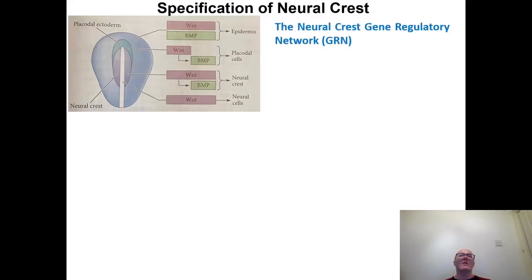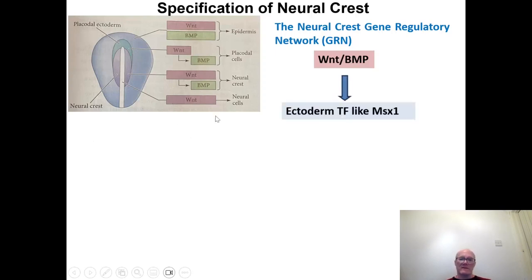In fact, we can have a look at the general neural crest gene regulatory network. This network of gene expression that produces neural crest starts with Wnt and BMP signaling, as we can see here in this part of the picture.